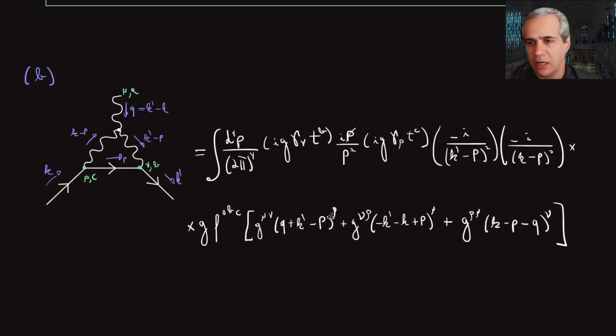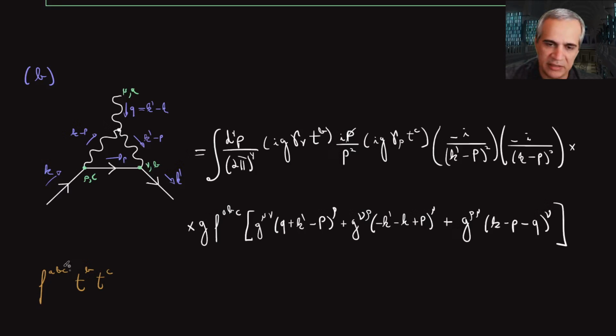Now, the color structure is again the new thing. I can bring this over here to contract with these two matrices and get f^ABC times T^B T^C, for which we can do the same trick we saw before.